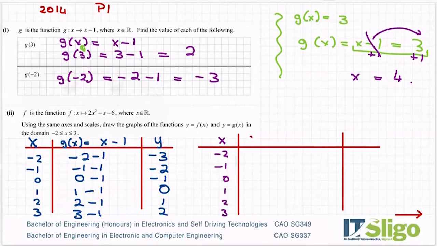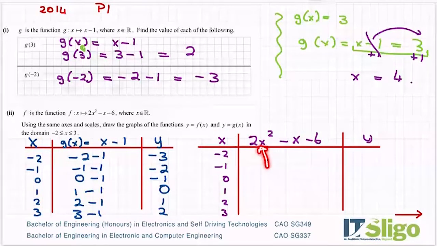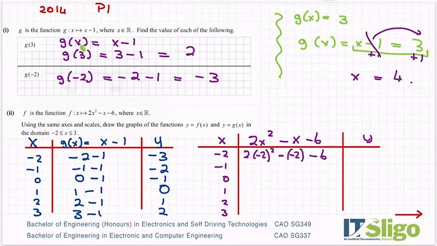Except this time my function is 2x squared minus x minus 6, and that's going to be my y values. So just like before, anywhere there's x in the first one, I'm going to replace it with minus 2. So it'll have to go in here because there's an x, and it'll also have to go in here. So it becomes 2 bracket minus 2 squared minus bracket minus 2 minus 6. Lots of minuses there, so easy to make a mistake.